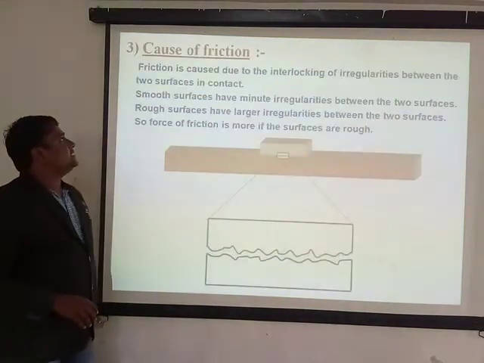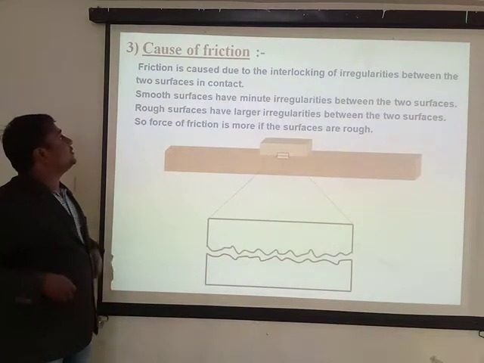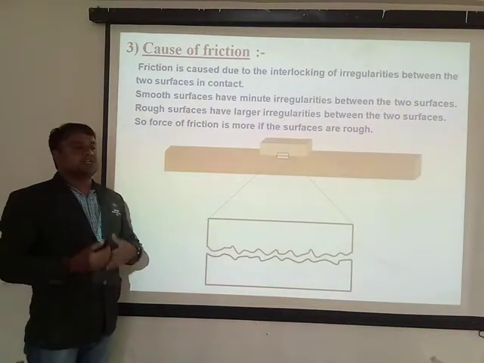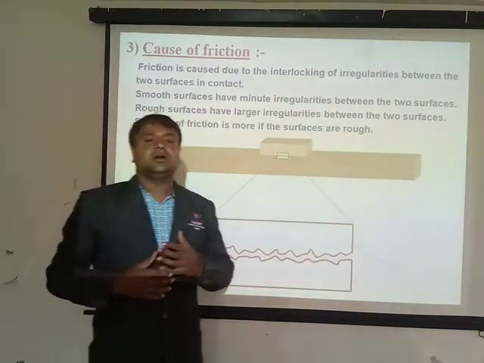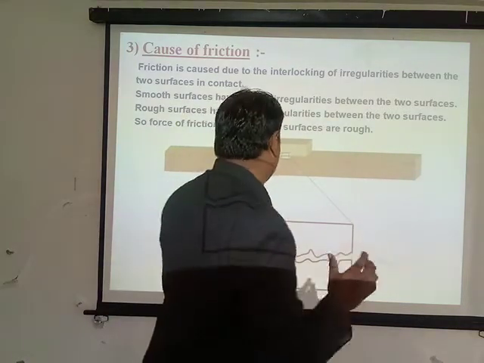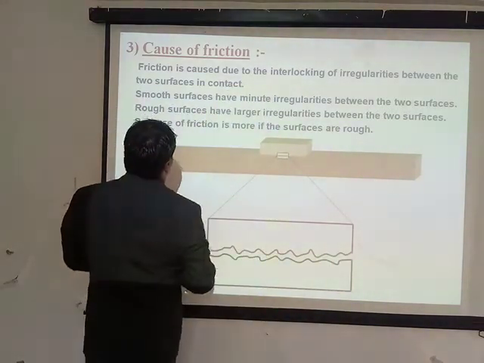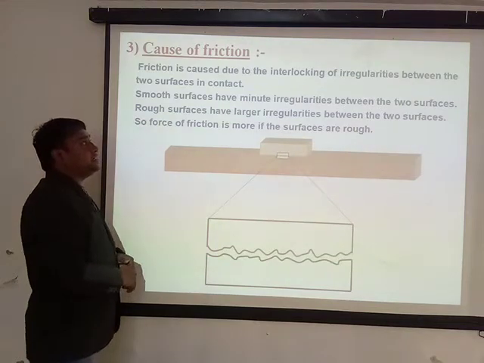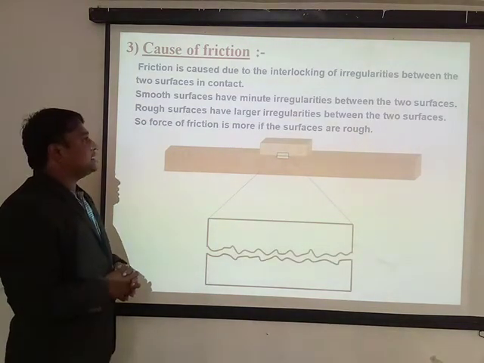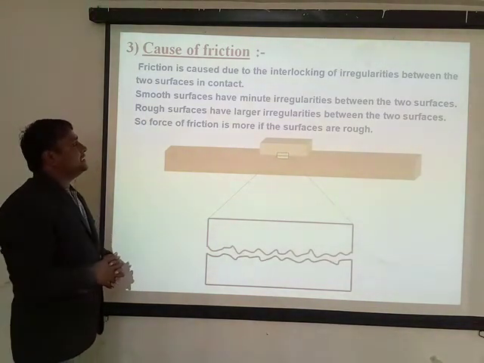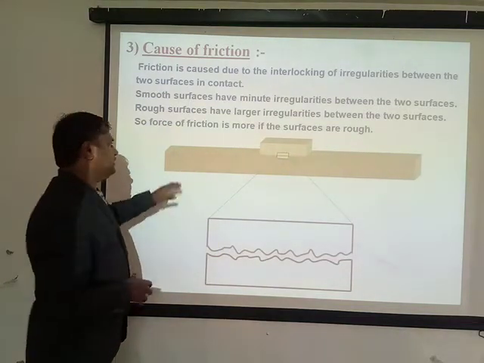Now here we can see the cause of friction. Cause means why the friction force is happening over here. Friction is caused due to the interlocking of irregularities between the two surfaces in contact.